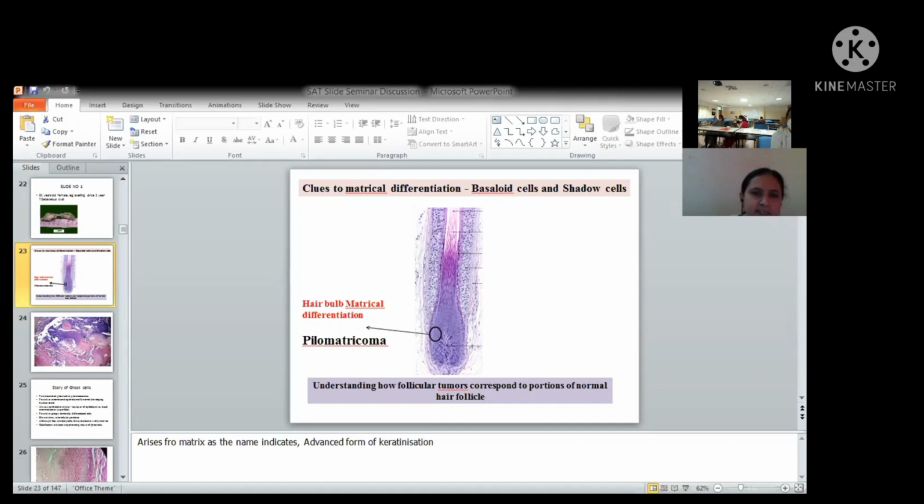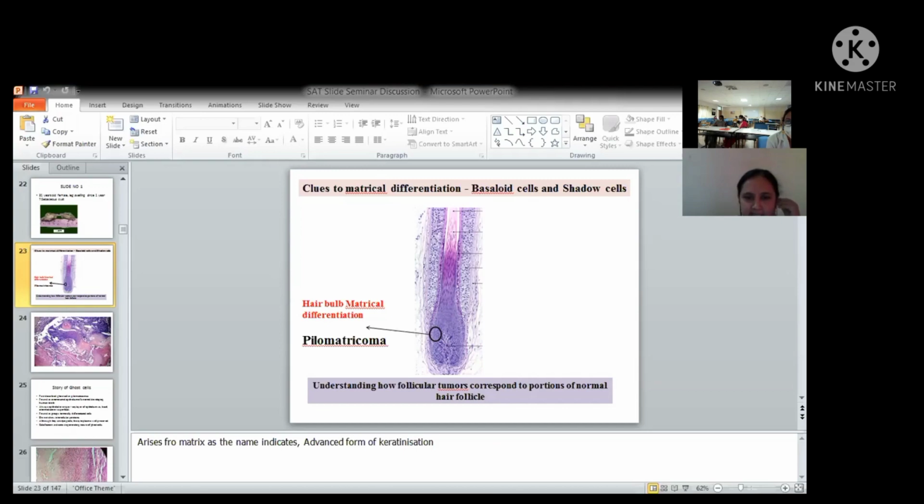These were first described in pilomatricomas, and we do see them in a normal developing hair tube. And they are always epithelial in origin. Any layer of the epithelium from the basal to the superficial can show this transition to these terminally differentiated ghost cells.